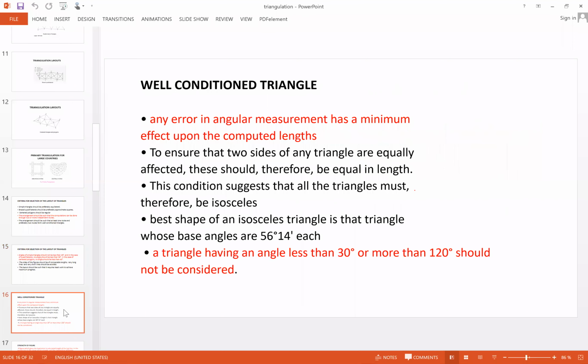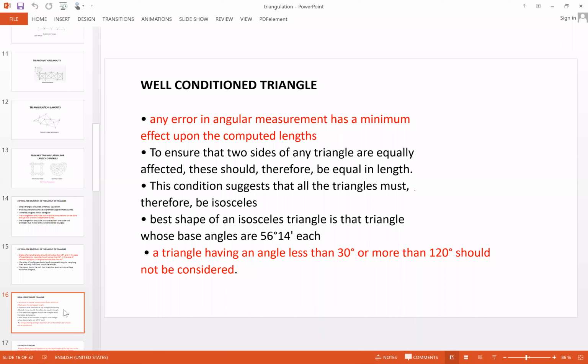Now, why do we have to divide our area into these well-conditioned triangles? The reason is quite simple. Since we are measuring the angles and a limited number of sides, if we make well-conditioned triangles, then from the angles and a few sides we will be computing the next sides that will be there in the traverse.